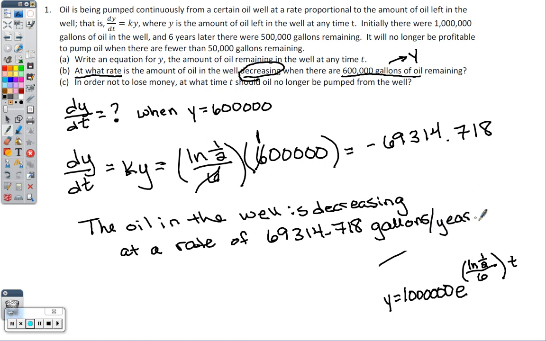Okay? You need to be very, very careful how you write your answer to this. It's decreasing that much per year, but the derivative itself is negative. So be very careful with this answer.